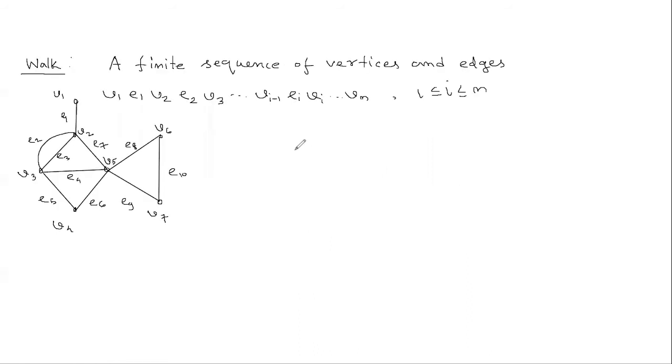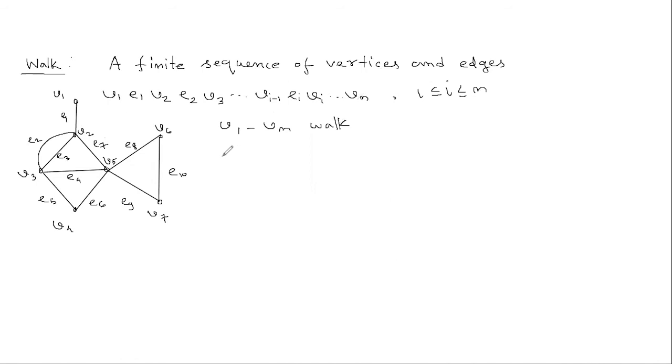Next, we'll talk about walk, trail, and path. A walk in a graph G is a finite sequence of vertices and edges such that each edge Ei in the sequence joins Vi minus 1 and Vi for i equal to 1 to n. And this is called a V1 to Vn walk.